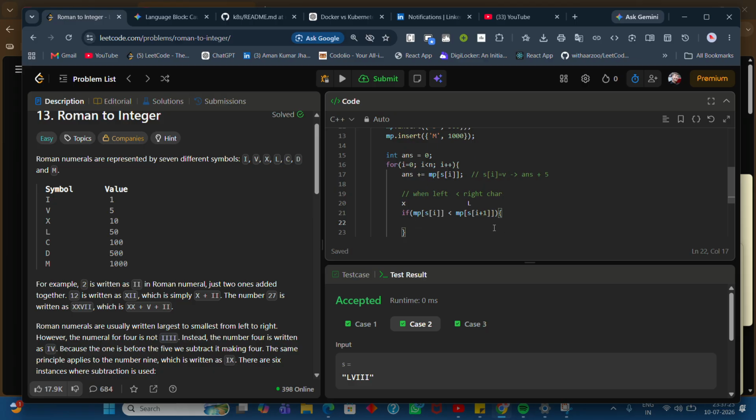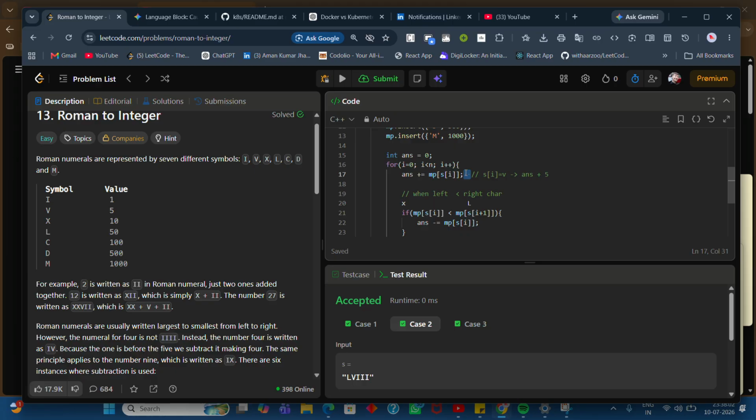So do mp of s of i from answer. Okay, if it is added into the answer, then subtract. But the thing is, in the start we have already added this number.